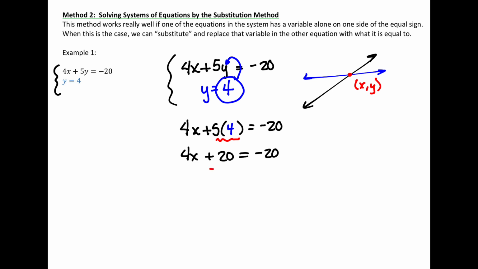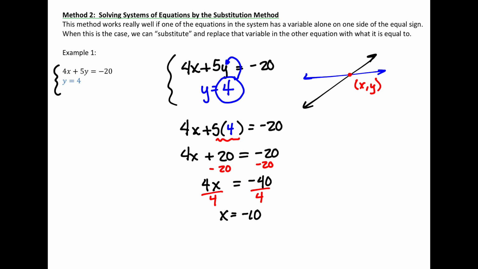And now we're going to subtract 20 from both sides. We want to get the variable term by itself. So 4x equals negative 40. Divide by the coefficient. And we end up with x equals negative 10.